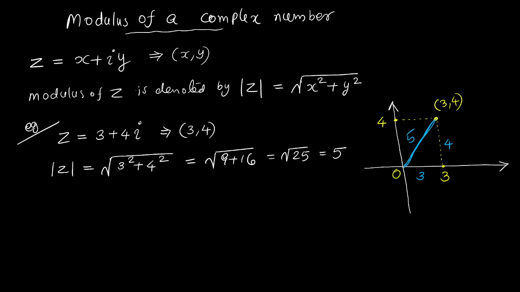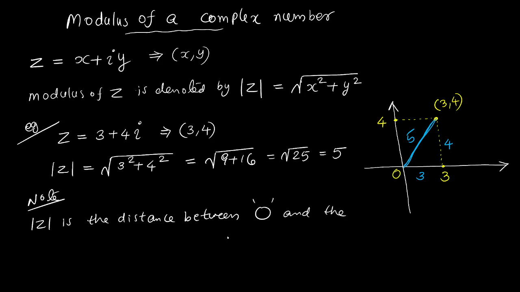So the geometrical meaning of modulus is the distance between the origin and the position of the complex number. Every complex number x plus iy can be considered as a point x comma y, and if we plot it, that point represents the position of the complex number.